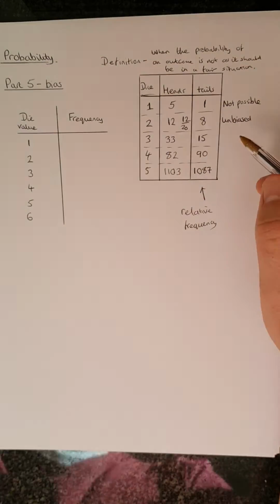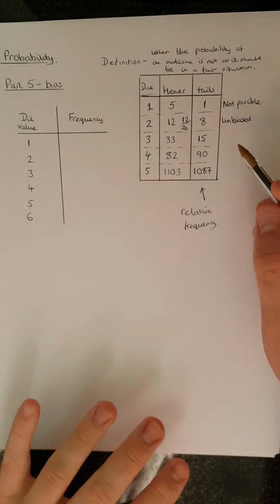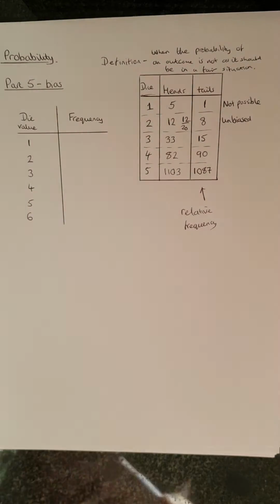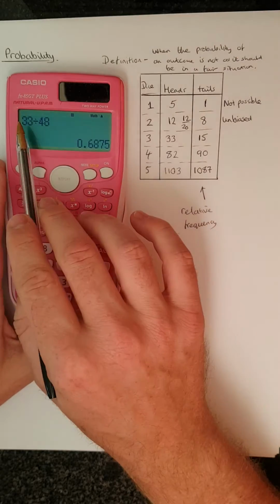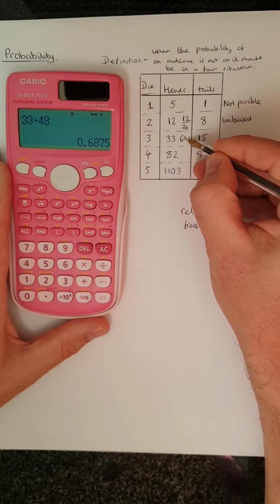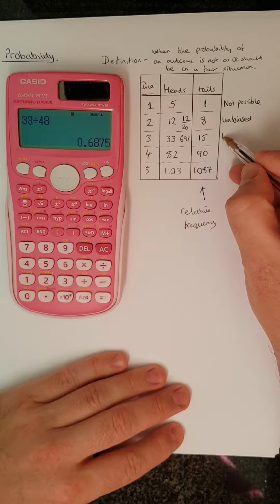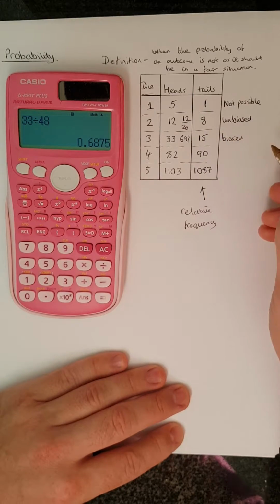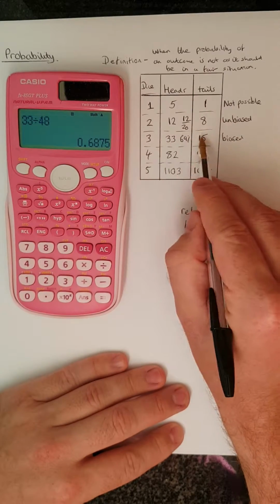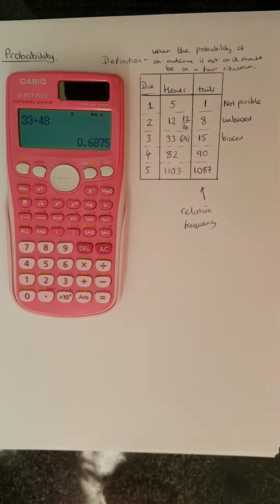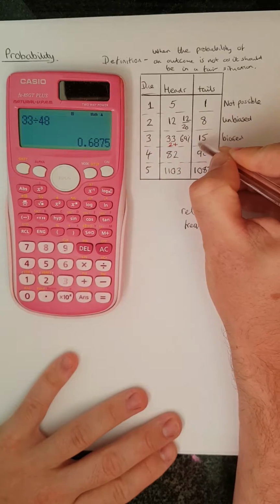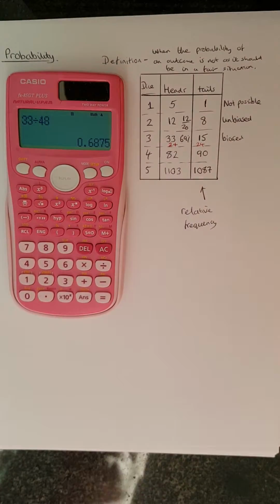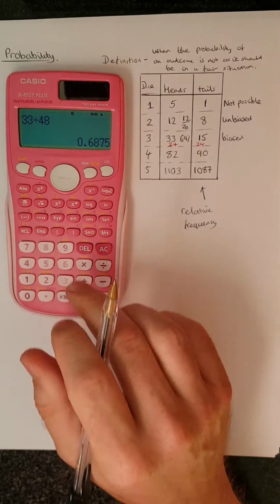The next one, 33 out of 48, is quite a lot of heads. Just a reminder of how we get the percentage. Put it into our calculator as a divide, and that's 69% heads. So I think that's biased. If there were 48 in total, what should it have been? It should have been 24 and 24. So it's quite a long way out.